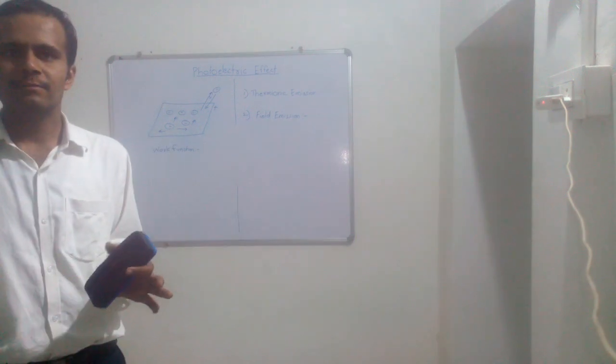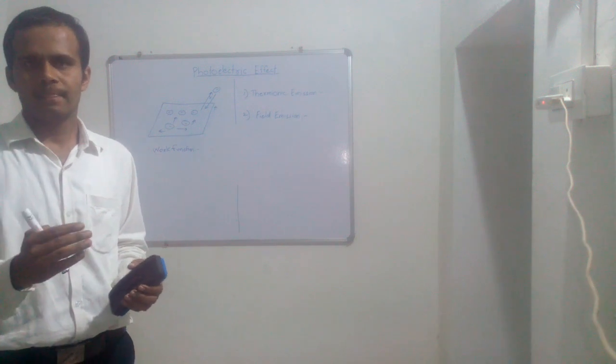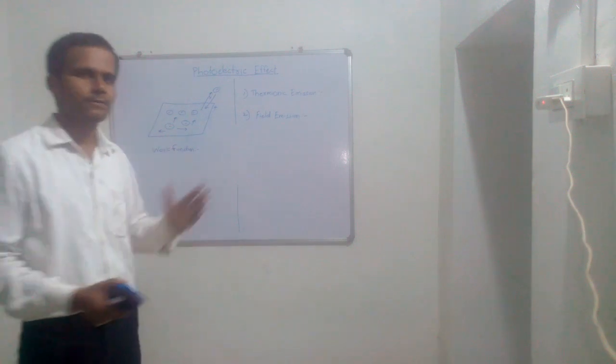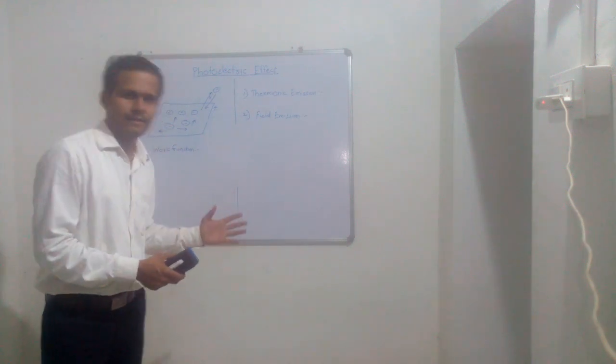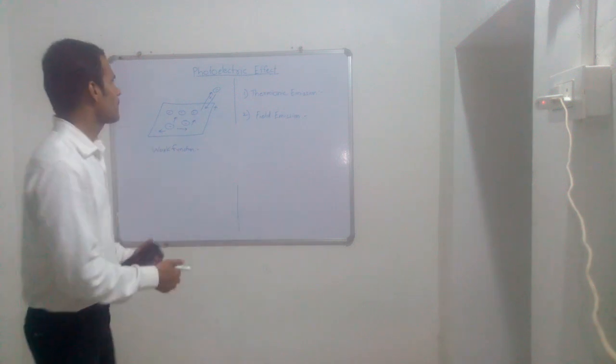In the case of field emission, an electric field is used for the emission of electrons, or electric energy is given to the electrons of a metal for the emission purpose.